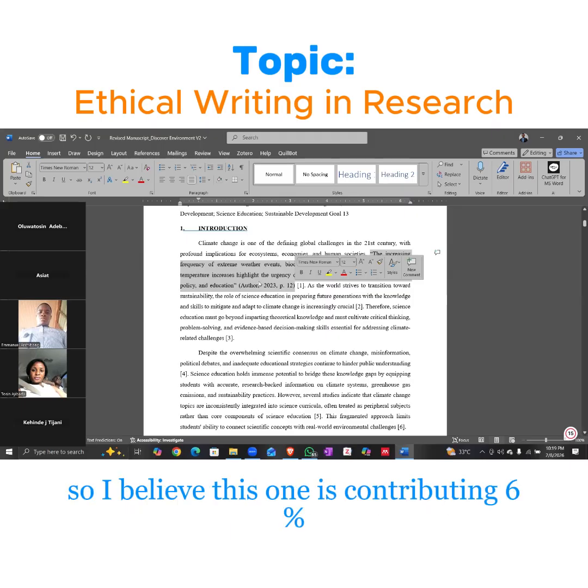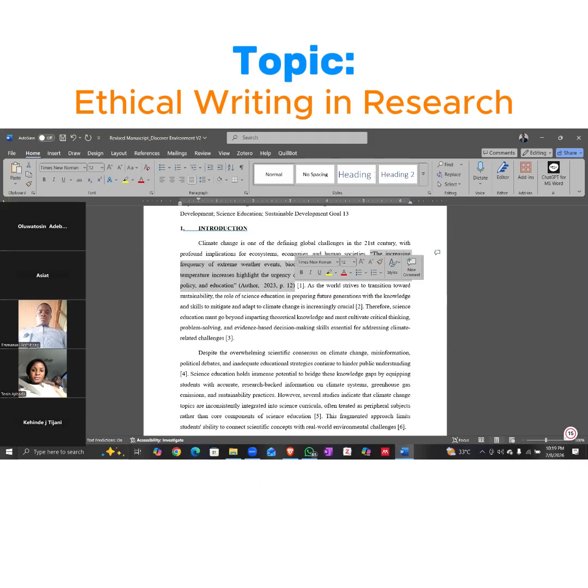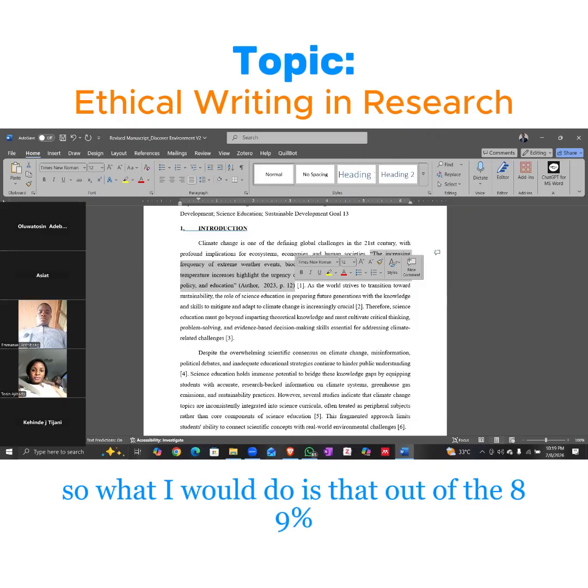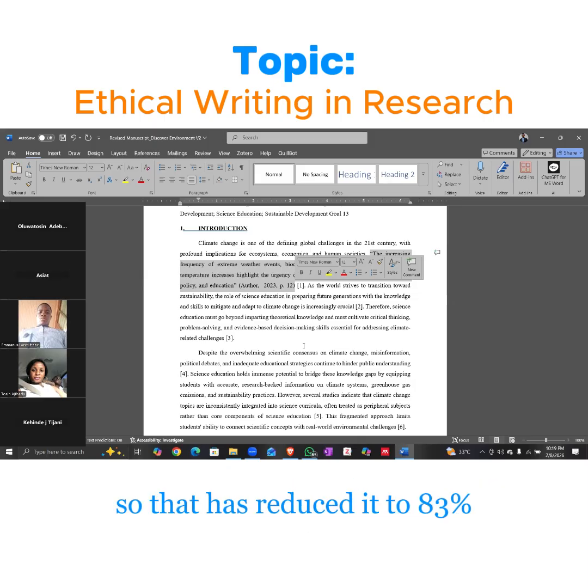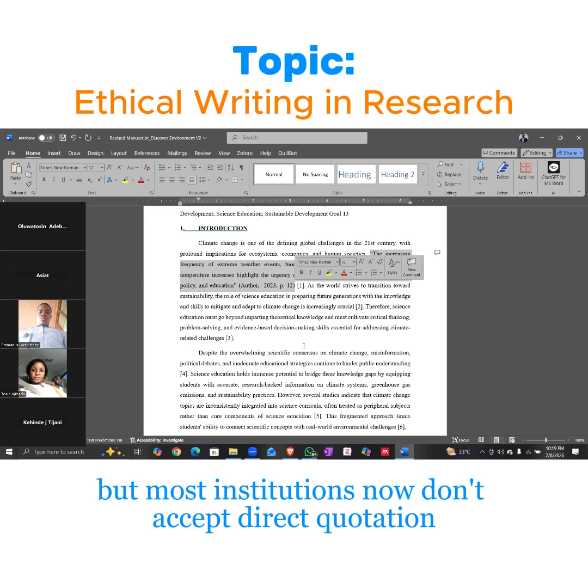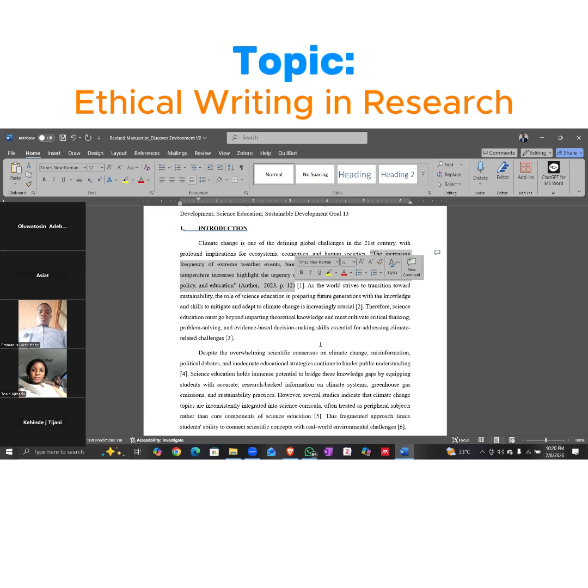Assuming this one is contributing 6%, out of the 89% you subtract the 6%. So that has reduced it to 83%. But most institutions now don't accept direct quotation.